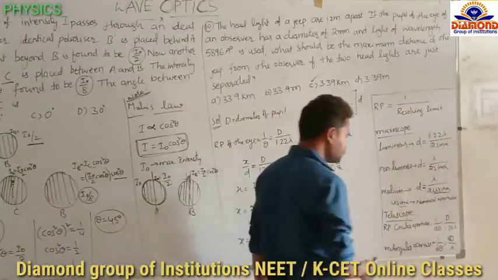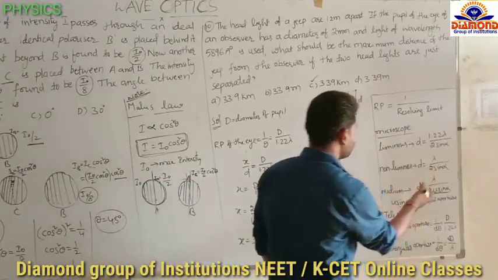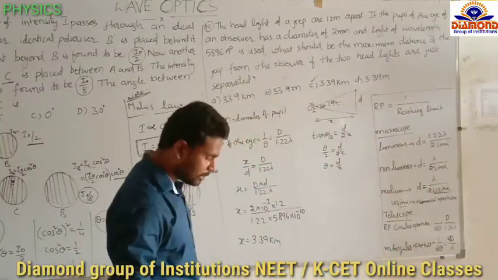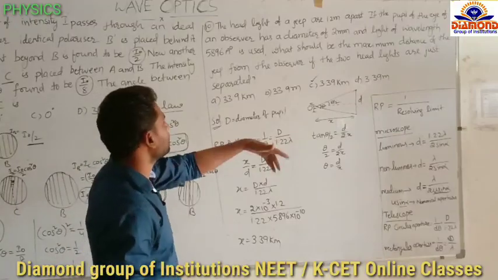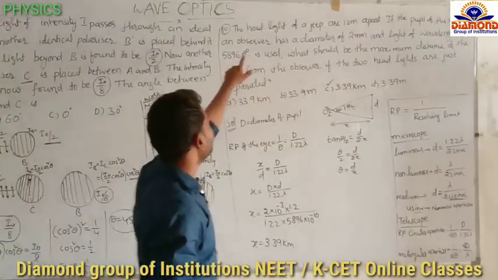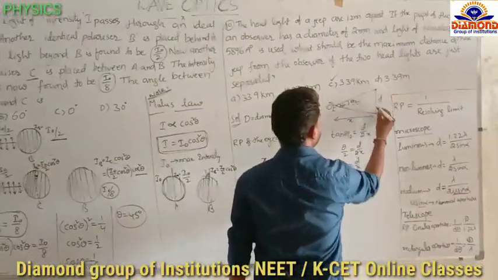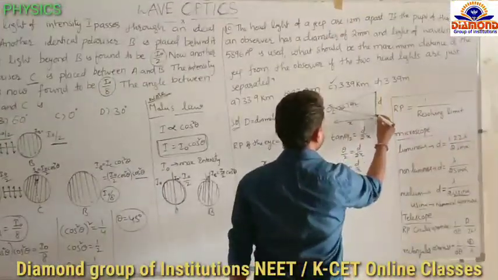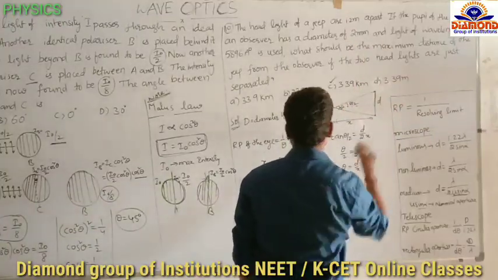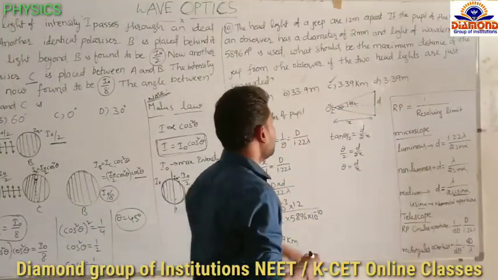On this concept also they may ask a question, and based on that concept we have the question here. The headlights of a jeep are 1.2 meters apart. These are the two headlights, and the distance between them is d, which is 1.2 meters.